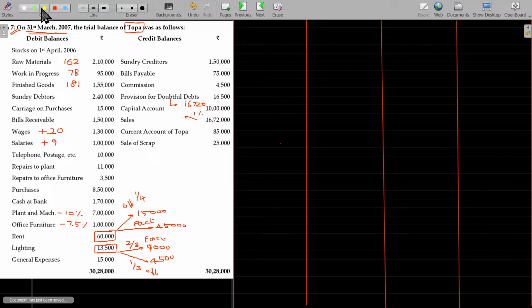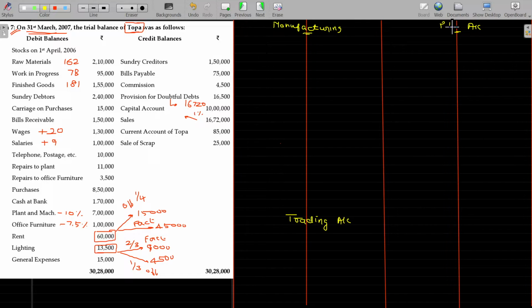Now I will prepare the manufacturing account, trading account, profit and loss account, and finally balance sheet.